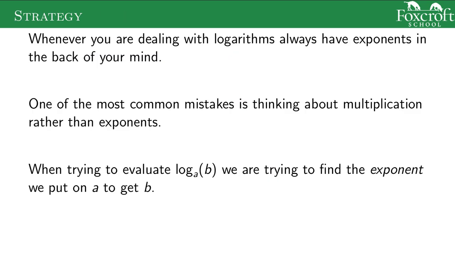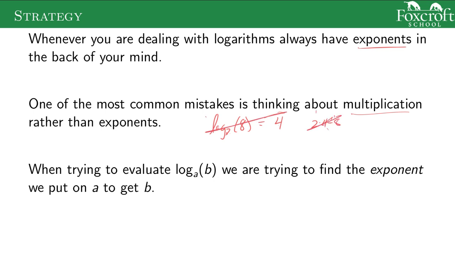So here's the general strategy for evaluating your logs. The first thing is never forget that logs and exponentials are linked together. So whenever you're dealing with logs, you're always going to have exponents in the back of your mind. The most common mistake is just thinking about basic multiplication rather than exponents. So if you're doing log base 2 of 8, a lot of people say that's 4 because 2 times 4 equals 8. But again, we're not thinking about basic multiplication.